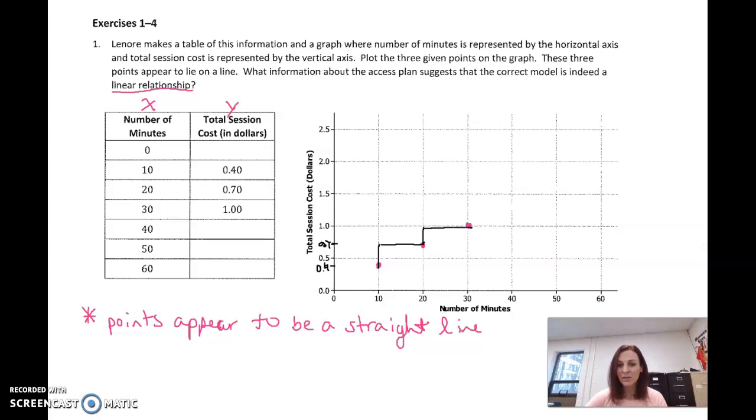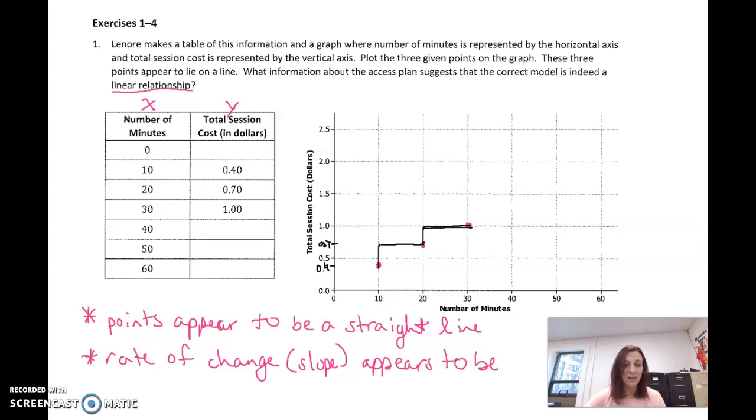And we're going over another 10 minutes. So I would also say that the rate of change, how much something is changing as we move along the graph, another word for our slope, remember, I could figure out exactly here, appears to be 30, not 30.